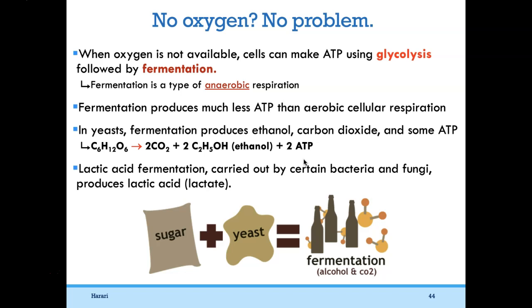They can't have oxygen as a final electron acceptor in aerobic respiration, so muscle cells can resort to lactic acid fermentation to break down glucose to make a little bit of ATP, while you try to catch your breath. But lactic acid accumulates, and lactic acid can be poisonous if it accumulates. So it actually causes a burn. The burn you feel is the burn of lactic acid, which is being produced by anaerobic respiration when your muscle cells don't have adequate oxygen.